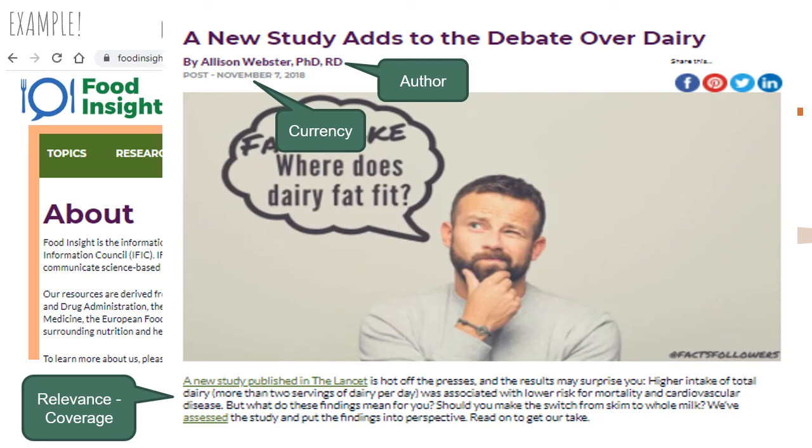But what do the findings mean to you? Should you make a switch from skim to whole milk? We have assessed the study and put the findings into perspective. Read on to get our take. So this paragraph shows us the coverage of the news, and it shows the relevance.